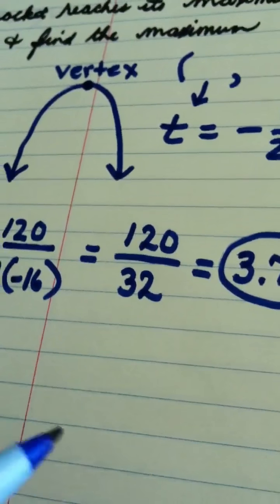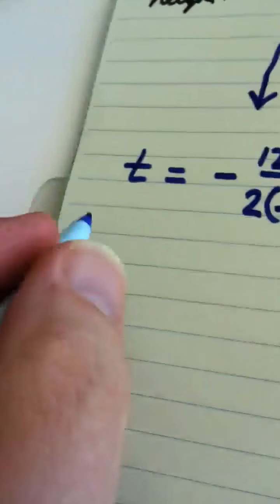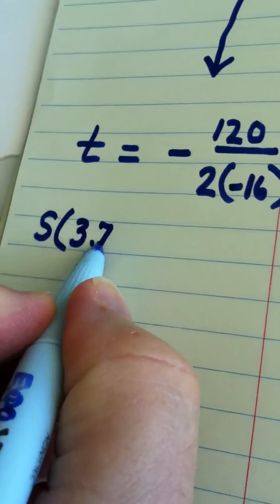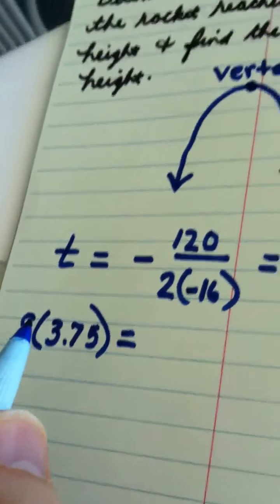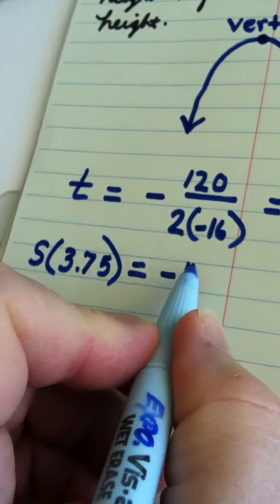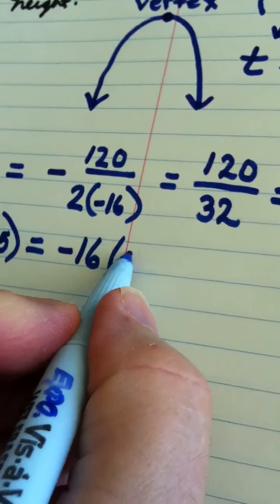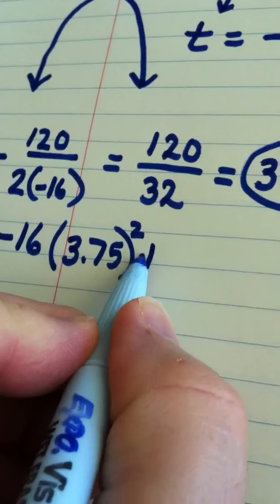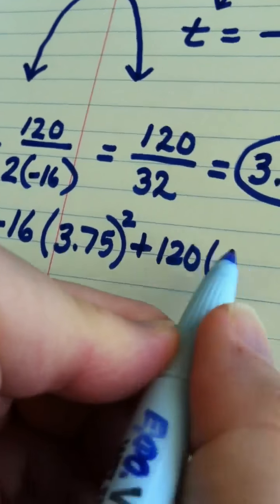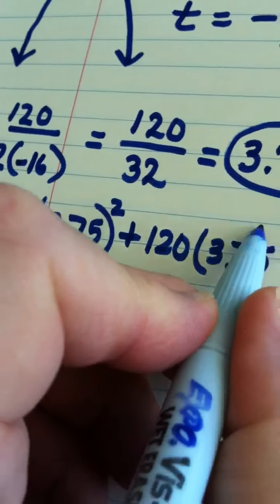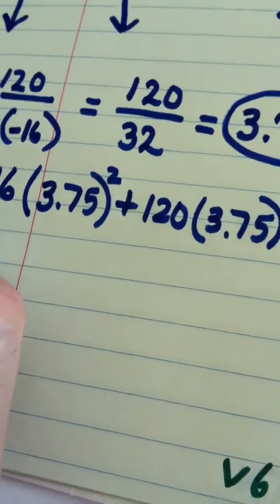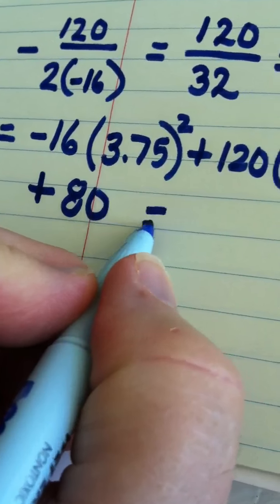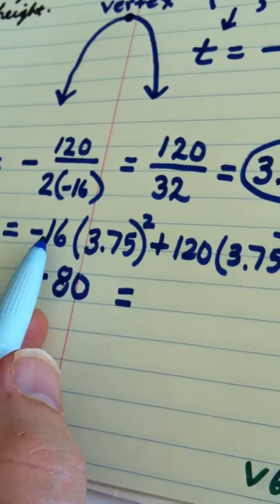Now, to get the second coordinate of the vertex, we plug that into the original function. So we find s of 3.75, which would be the opposite of 16 times 3.75 squared plus 120 times 3.75 plus, I'm running out of room here, plus 80. And I did this ahead of time on my calculator.